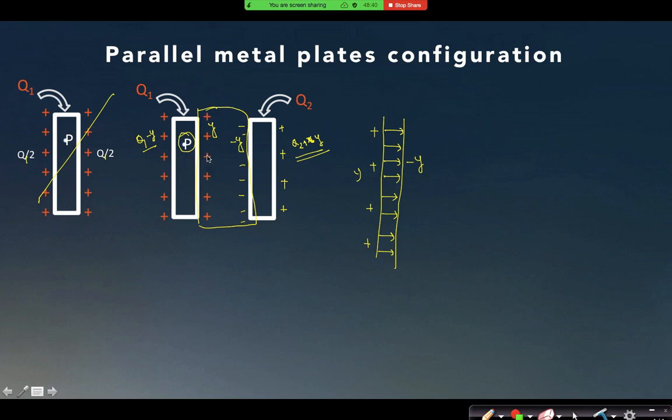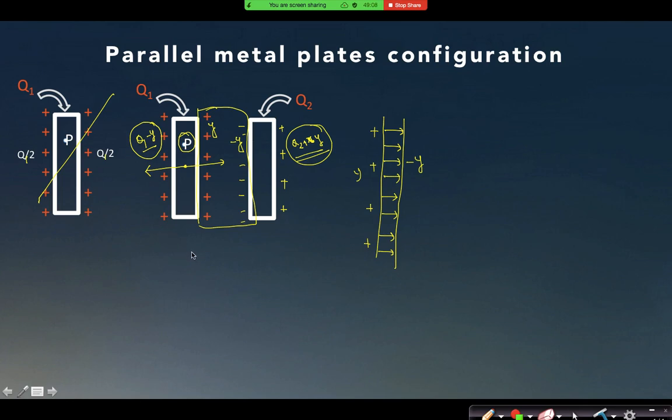Yes, sir. Because at this point this plus charge will give a field in this direction, and the minus charge will give a field in this direction. So they will cancel each other. So I do not have to talk about this plus and minus y. Again at this point, if I talk about the electric field due to Q1 minus y and Q2 plus y, then should they be equal in order to cancel each other?